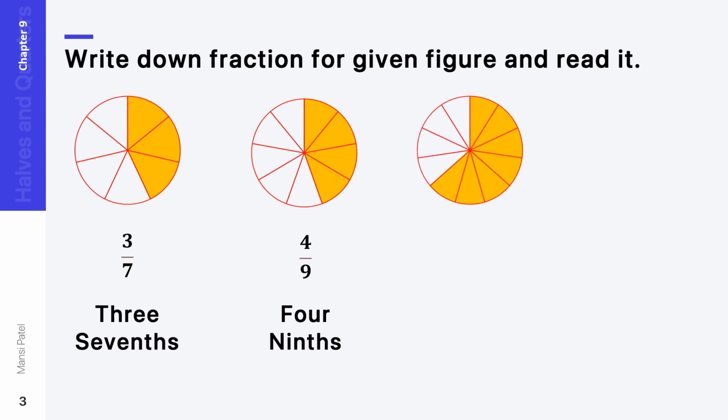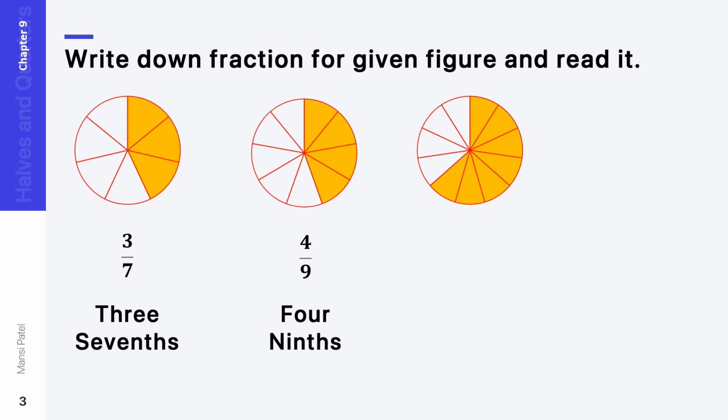Now see here in the third figure, how many parts are there? There are total 11 equal parts. Out of these 11 equal parts, how many parts are shaded? 7 parts are shaded.